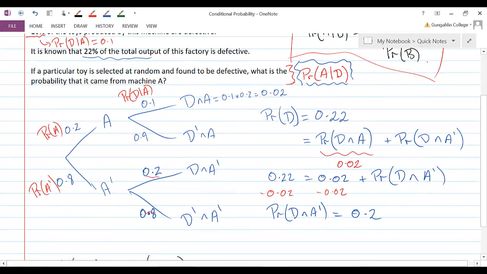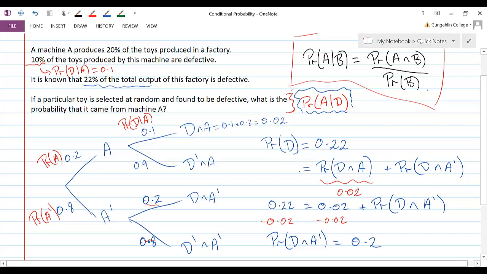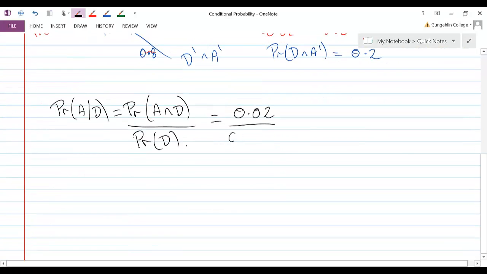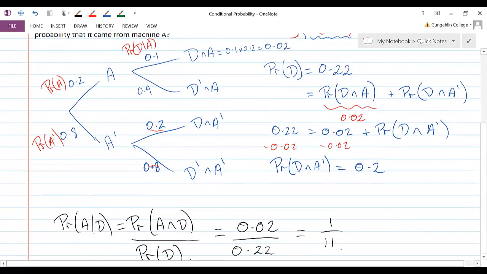The probability of being defective, we said, was 22% is defective, or 0.22. Solving that, I get 1 in 11. So there is a 1 in 11 chance that any particular defective product came from machine A.